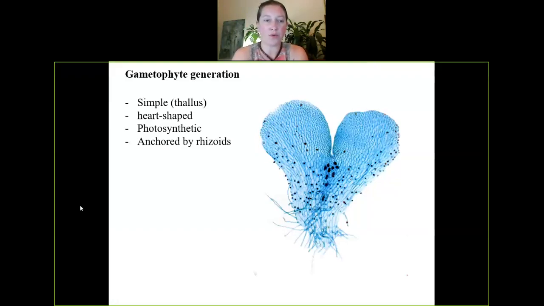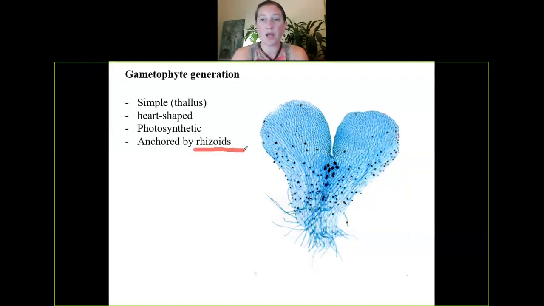What are rhizoids? Well, we already learned about rhizome, which was a horizontal stem. Rhizoids are different, but they're basically these little hairs. See these little hairs down here? Like here's one, here's one, here's one. All those little hairs on the base of that fern gametophyte are rhizoids.